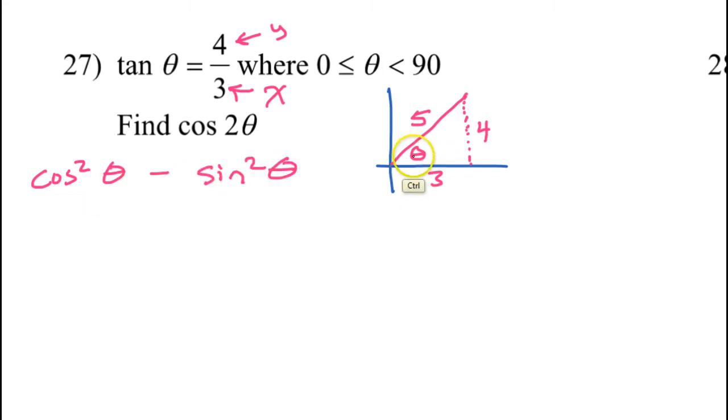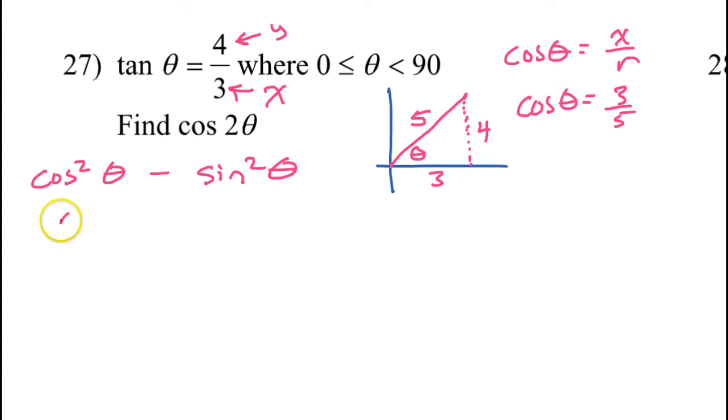So what is the cosine? Well, remember that cosine theta is going to be x over r. So in this case, cosine of theta is going to be 3 over 5.